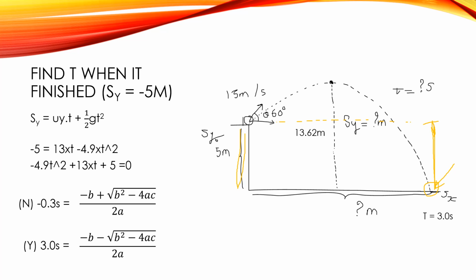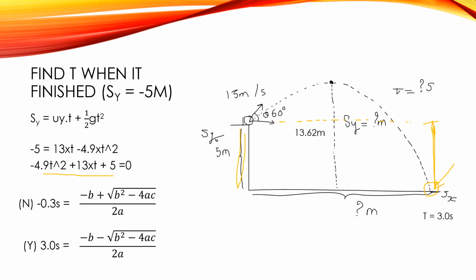And what I put in here is negative 5 because the direction is opposite the origin, 5 meters. So again, I substitute all the value that I have got in here, and this answer cannot give me an easy way to solve it, so I use the quadratic function to solve this problem.